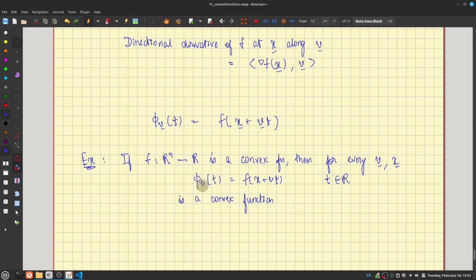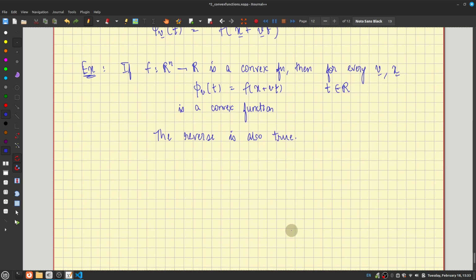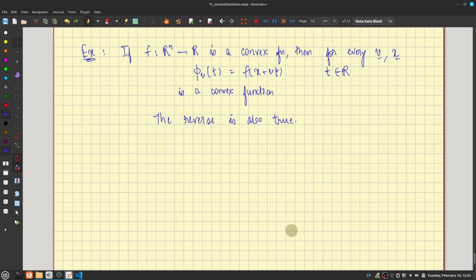That is, if phi v of t is a convex function for every v and every x, then f is also a convex function over Rn.